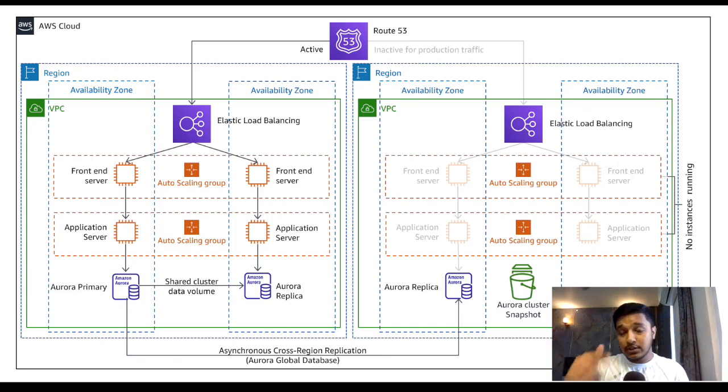But how this is also cost effective is, your DB and your storage is always continuously replicated and you are charged for that. But when we talk about your servers, your EC2, your server where your code is actually running, in that case, only your server is being replicated, the code is being replicated, but the servers are shut down.